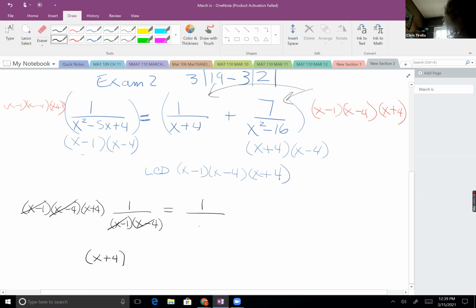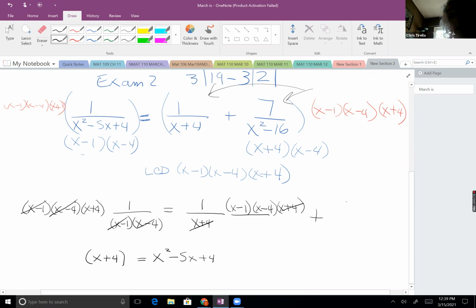So I'd have that first fraction, 1 over x plus 4, times that common denominator, x minus 1, x minus 4, x plus 4. The x plus 4s would cancel, leaving me with x minus 1, x minus 4, which we saw was x squared minus 5x plus 4.